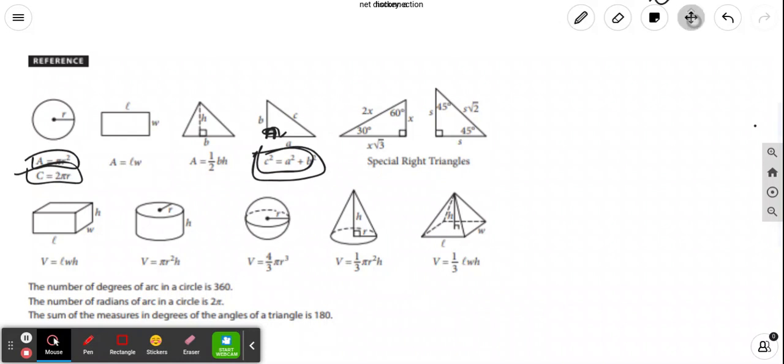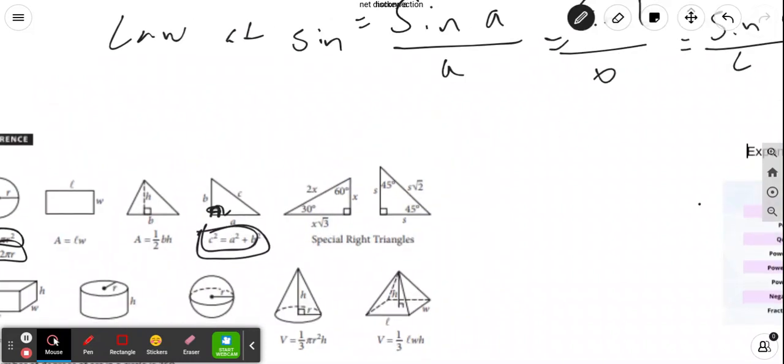Now we'll just do some special triangle stuff. It says right here, this format, it's good, right? But here's how I like to remember it.